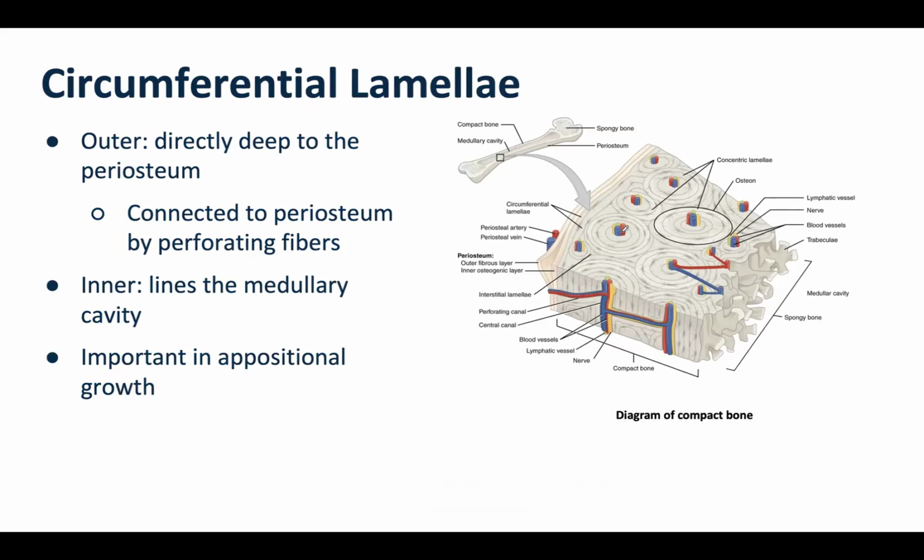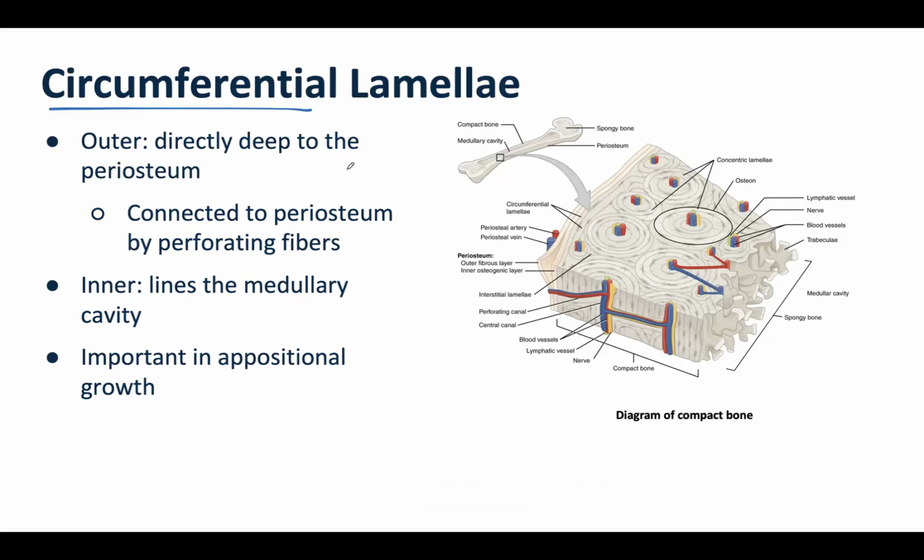A last structure of compact bone that I want to discuss are called circumferential lamellae, not to be confused with concentric lamellae. These are going to be much wider lamellae that are arranged around the entire outer as well as the inner circumference of the shaft of long bones.